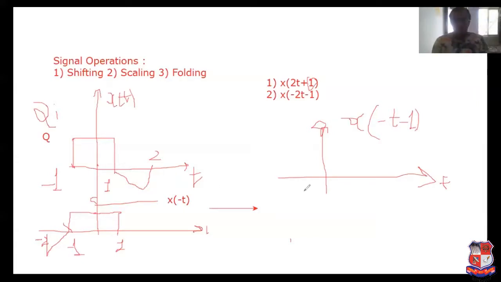So here start at -3, -2 to 0. See, this is the shifting. And now we would like to compress this image.